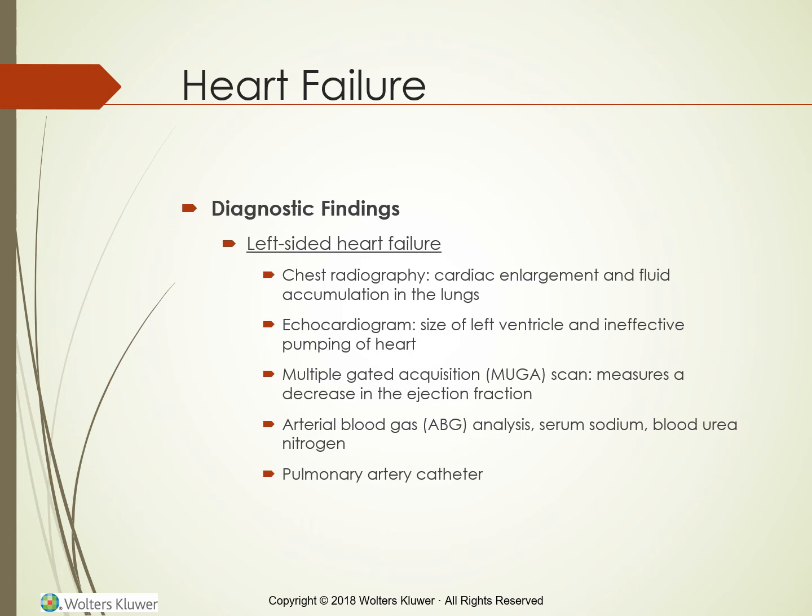When an MUGA scan is performed, the client receives an injection with IV radioisotope that concentrates within the red blood cells in approximately 20 to 30 minutes. A gamma camera can identify the cells once they are radioactive. The client is then attached to a cardiac monitor, and the gamma camera takes images as the blood passes through the heart and major blood vessels.